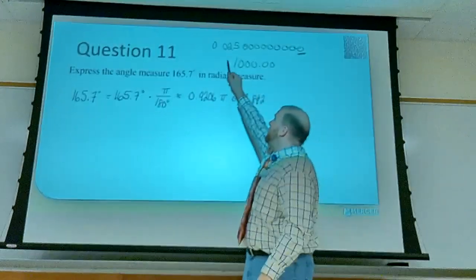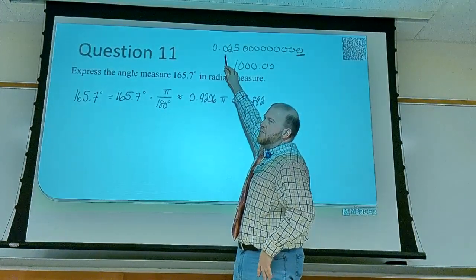See, now that I actually look at this, I just clicked the wrong button. Where was I? Here I am. I was right the first time. Leading zeros aren't significant.